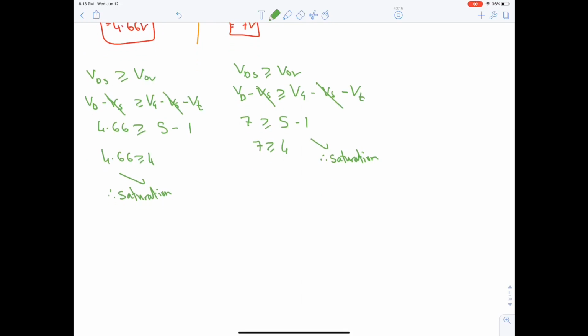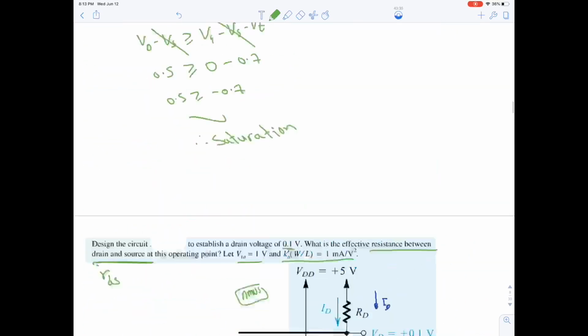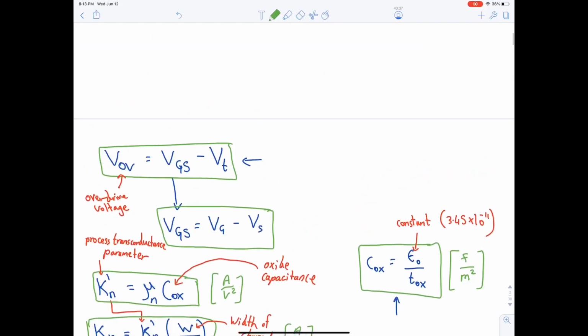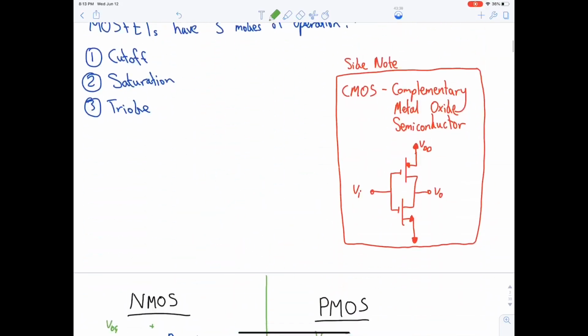Now, if it's in saturation, this means by default it's not in triode, because in saturation VDS is greater than or equal to VOV, and in triode VDS is less than or equal to VOV. So what should we do now? Now we should check for the cutoff, the region that we haven't checked. So what's the check for cutoff?